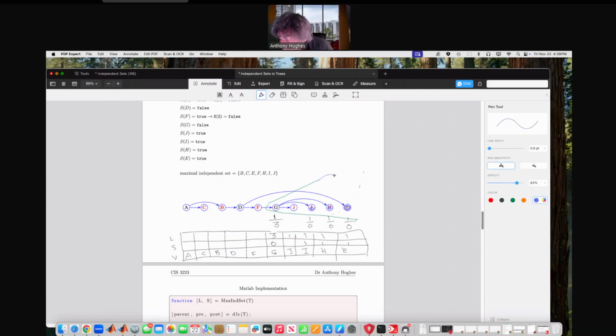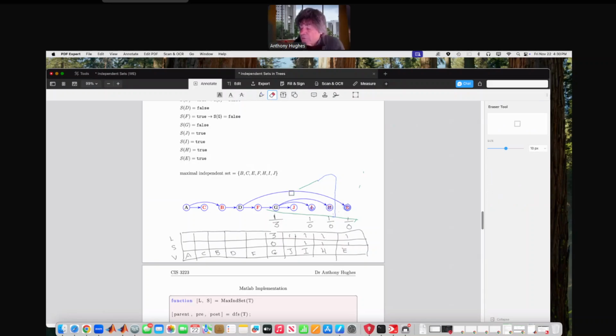This is the tree for G. Oh, there we go. There's the tree for G. If I count J, I, and H, I have 3 children. They're fine. If I include G, I only get 1. So I exclude G, and I have the size is 3. Everybody okay with this? Exclude G, and the subtree with root G now has 3 nodes.